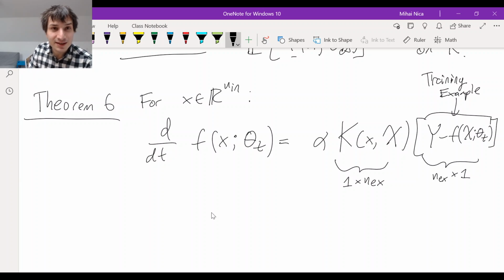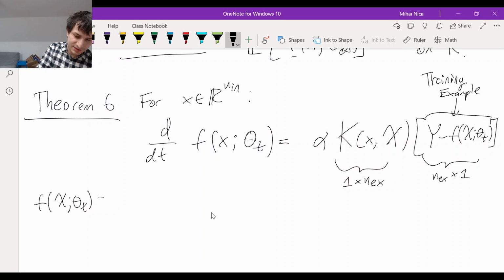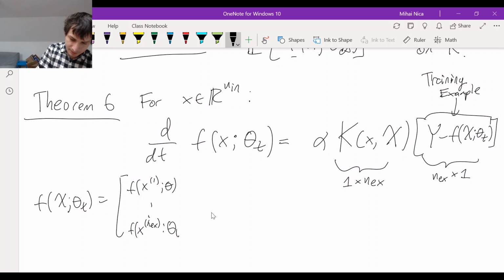F of x theta t, remember, is that vector, how f is doing on all of the training examples we have. So at time t, you plug in all the training examples and you get a big vector. Y minus that is the difference between the truth and how our function is doing so far.